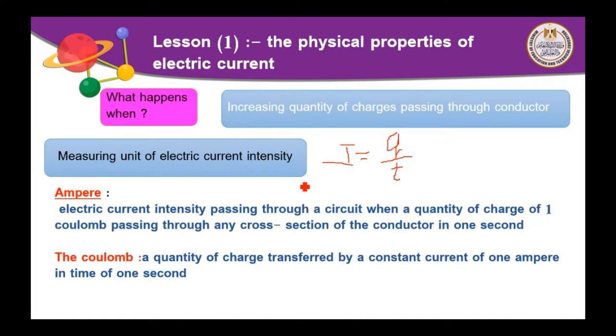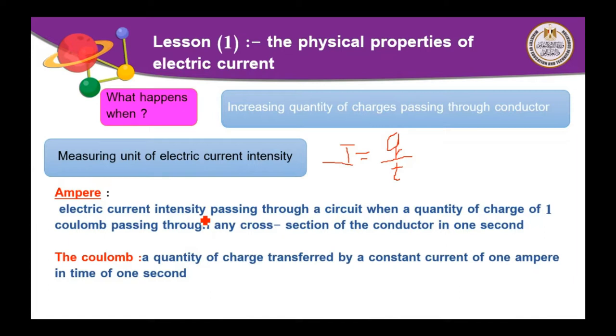How? Ampere can be defined by the electric current intensity. We can define ampere from the law. Ampere is electric current intensity. Why? Ampere is defined by this physical quantity because it is used to measure it.